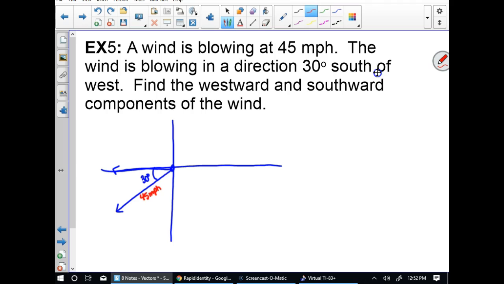So let's say that your house is sitting right here, and its wall just faces this direction. It really doesn't matter how much force you have hitting that wall north or south. You really just care how strong the force is hitting this wall going to the west.